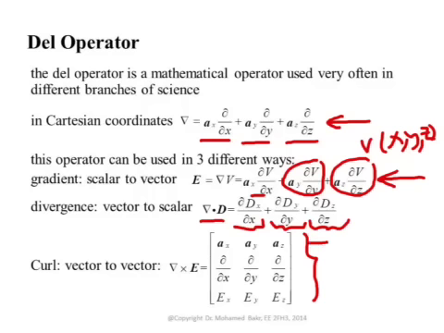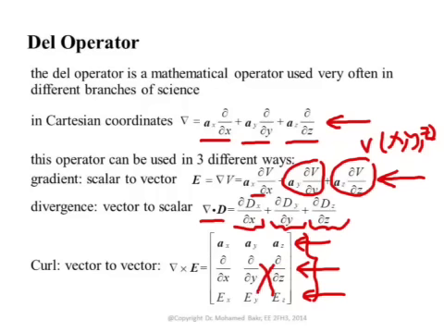The first row are the unit vectors ax, ay, and az. The second row are the derivatives. The third row are the components Ex, Ey, and Ez. And the way you expand the determinant, you say it's ax multiplied by the derivative of Ez relative to y, minus the derivative of Ey relative to z. And then you repeat the same thing for all the other components.